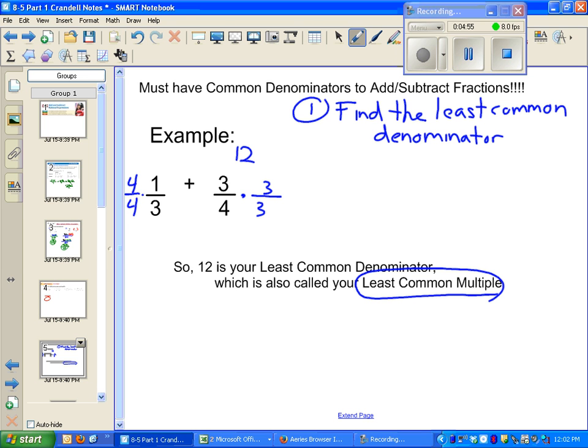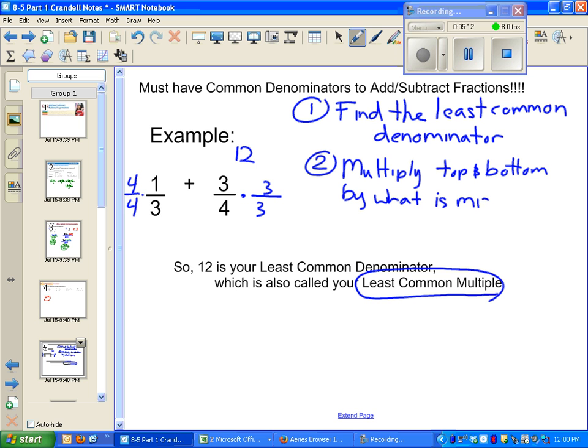Okay, so step 2, we multiply top and bottom by what is missing from the denominator, or from the LCD, the least common denominator.